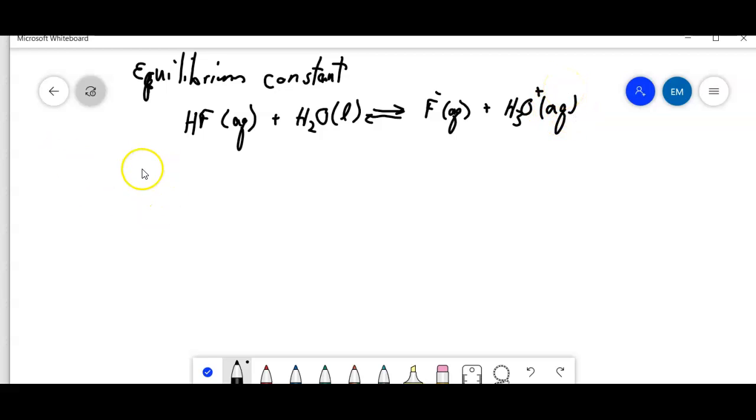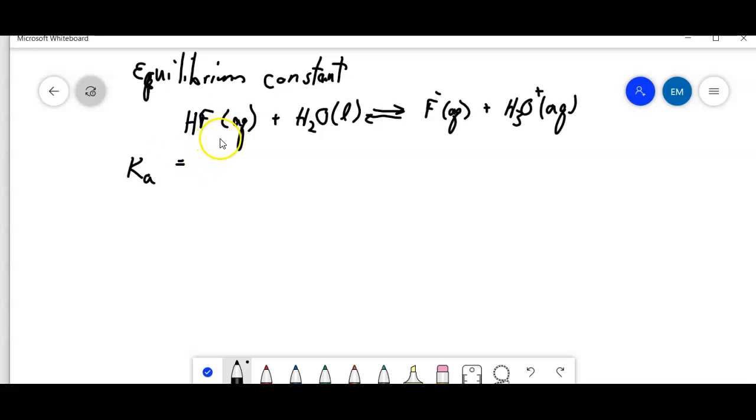The way an equilibrium constant works, and this is the acid dissociation constant of hydrogen fluoride, or hydrofluoric acid, that we're talking about here. So I'm going to write it the way you would see in a textbook.